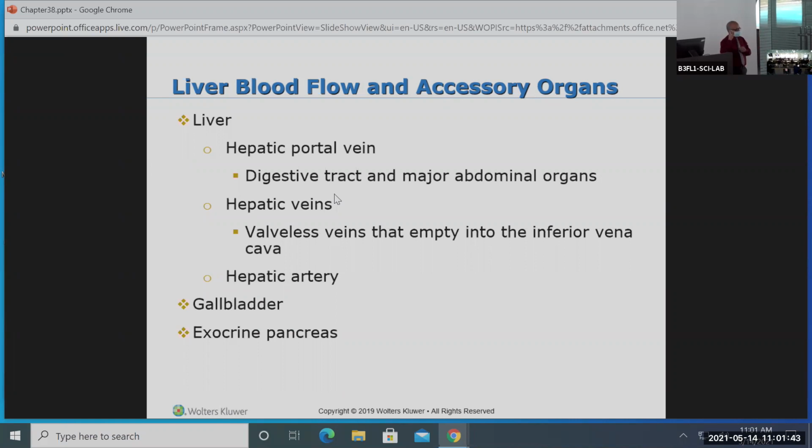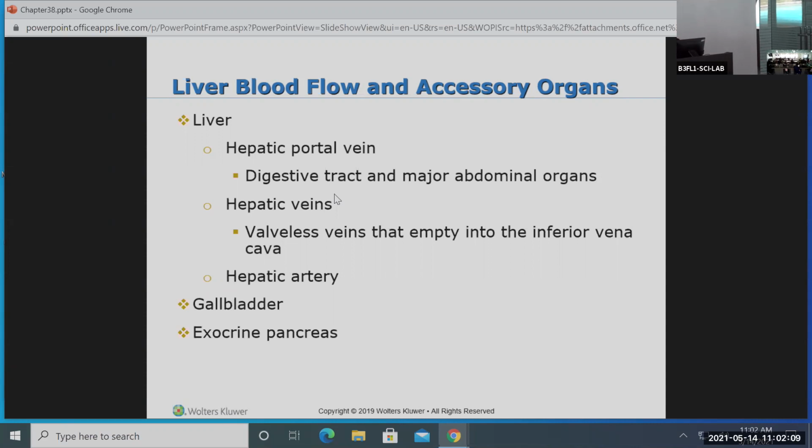Please remember, it is deoxygenated and nutrient-rich because it is coming from my small intestine. The superior mesenteric vein drains the small intestine, so all the nutrients are absorbed in the small intestine. Okay.